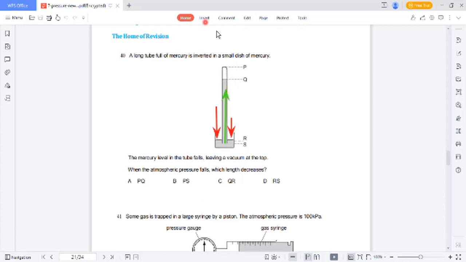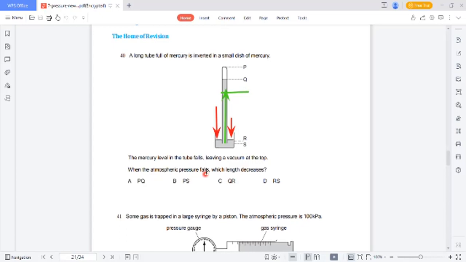So suppose it will reach here. When it reaches here, this height decreases. Q is a height which decreases, and R and S. This liquid moves in an upward direction, so this increases.